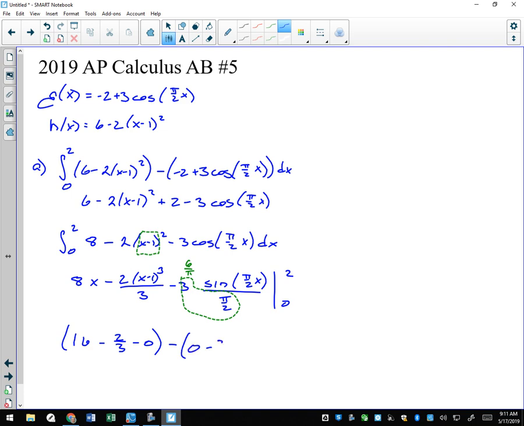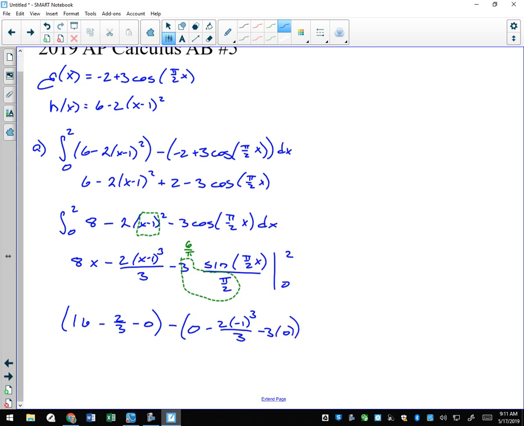That will be minus 2 times -1 cubed over 3 minus 3 times, oh, again, sine of 0 is 0. That's kind of nice. Usually I don't clean up. This one's kind of nice. Should I clean this up? That's just 16, -2/3 minus a, oh, no, it's 16 minus 4/3 is 44/3.